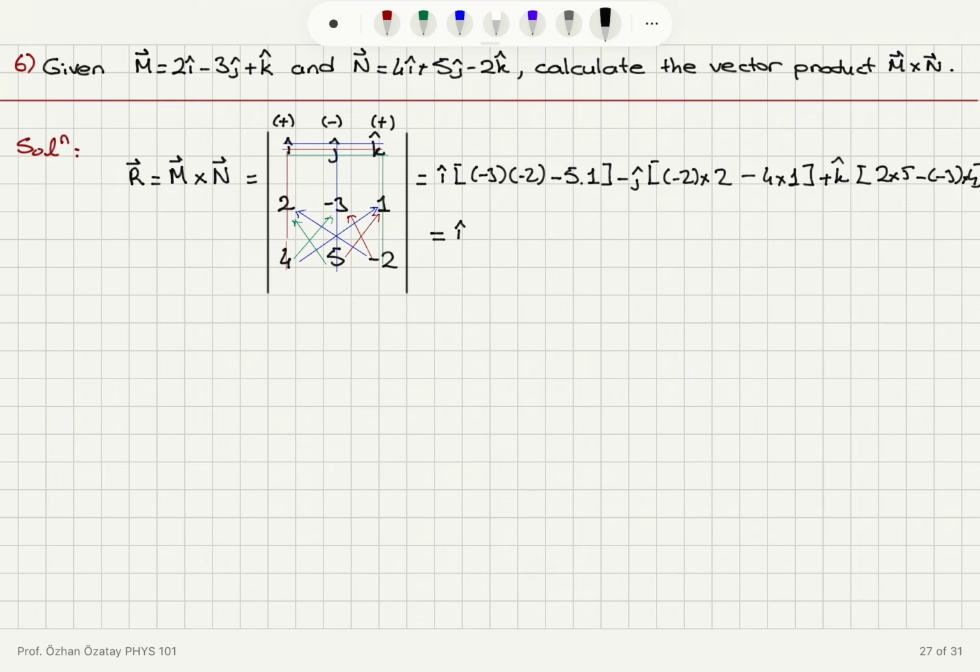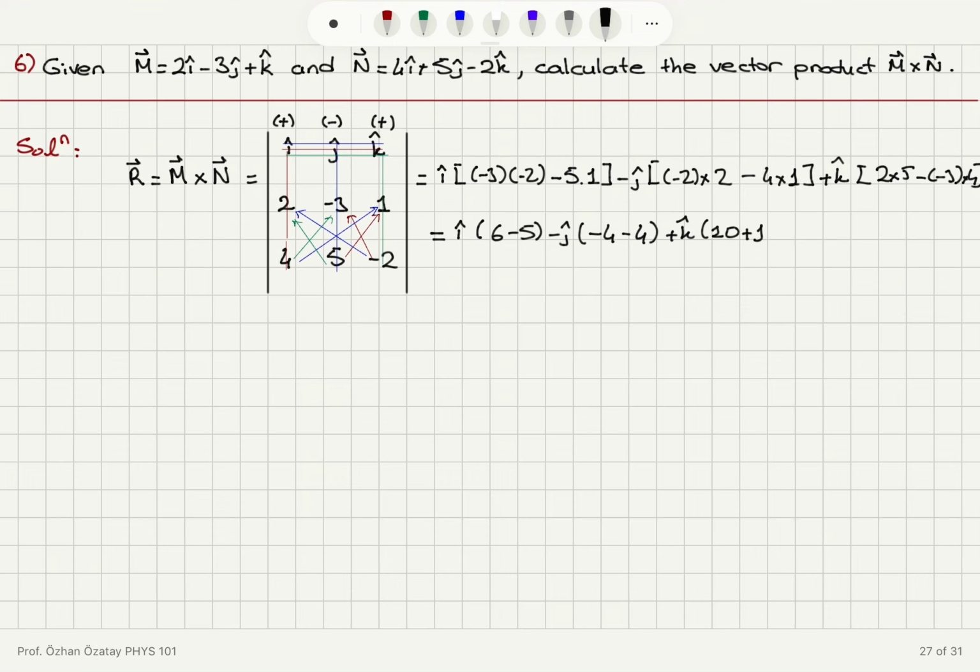So this will give us i hat times 6 minus 3 times minus 2 is 6, minus 5, and minus j hat times minus 2 times 2 minus 4 times 1, minus 4, minus 4, and plus k hat times 2 times 5, 10, minus 3 times 4, minus 12.